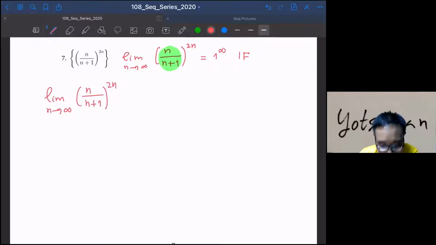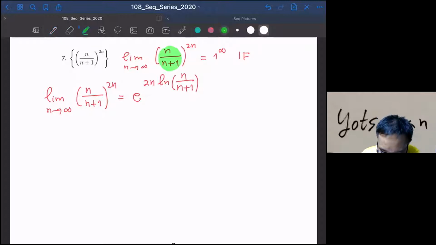We're going to write this as e to the 2n log of n over n plus 1. Like last semester, you have 2n as the power and you move it down.